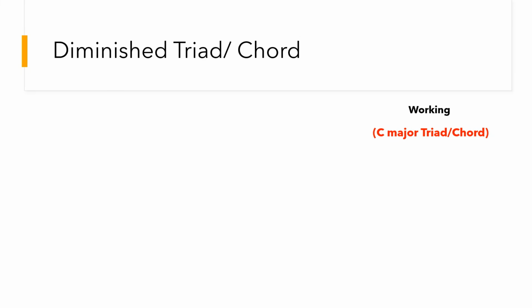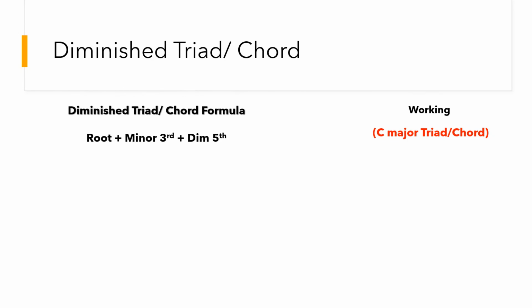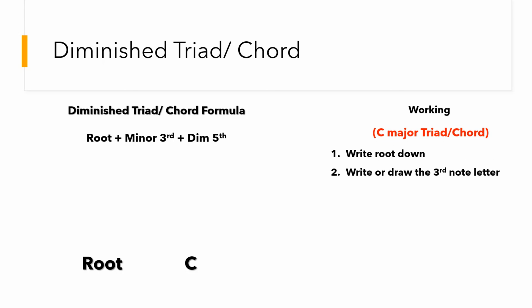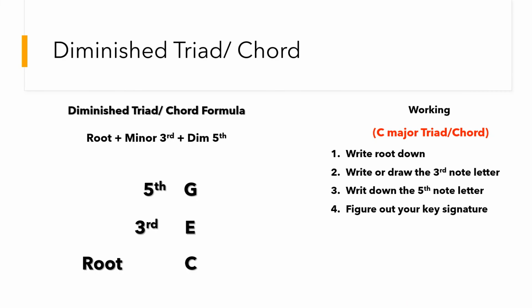And the last and final one is the diminished triad slash chord. The formula is also different, so it's root plus a minor third and a diminished fifth. So you write down your root, C, you're working out the C triad chord, you write down your third, E, you slide in your fifth, which is G. You figure out your key signature, and the key signature always comes from your root, right?